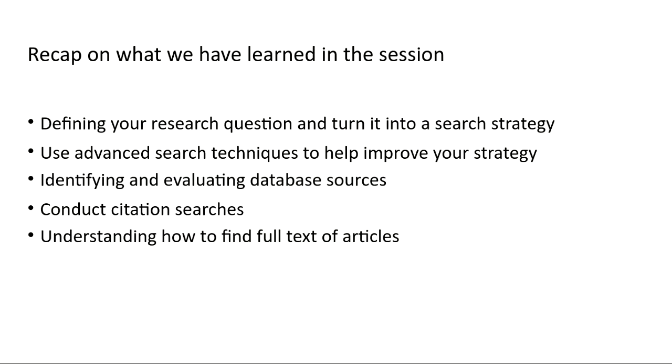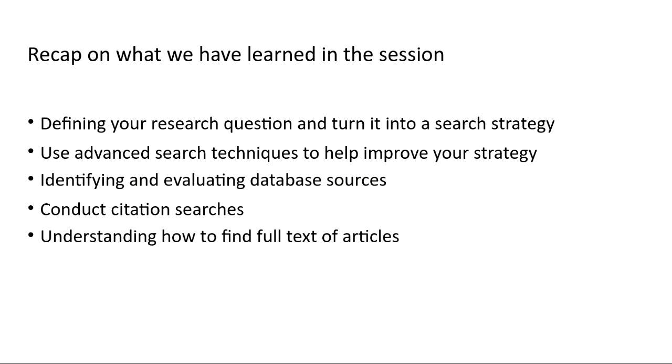So hopefully today we've talked about how you can turn your research question into a search strategy. We've told you about some advanced search techniques like truncation, the question mark, which is the wildcard, and phrase searching. We've talked about some of those techniques that can help you improve your strategy. We've talked briefly about how you would identify the sources to search and the differences between those sources.